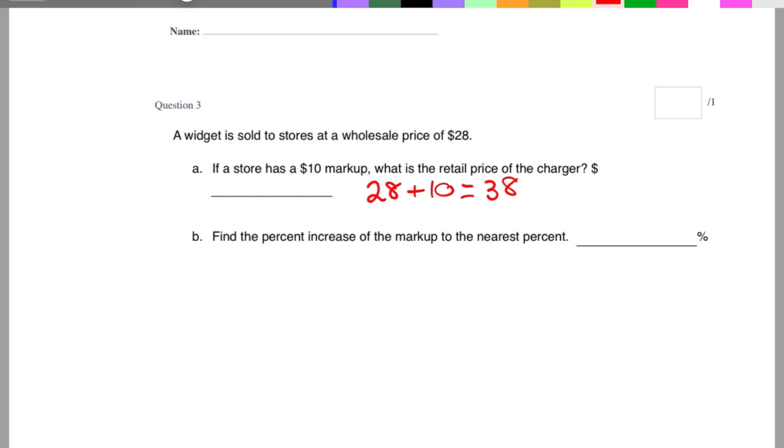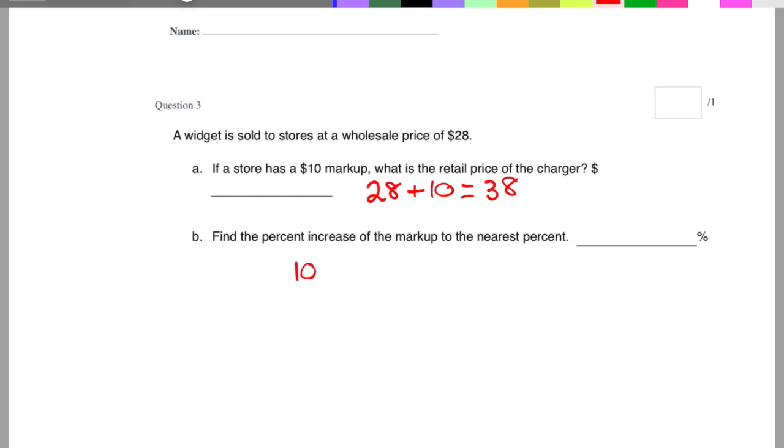And now it says here, find the percent increase of the markup to the nearest percent. So the markup is going to be based on the original price. So this thing got marked up. The difference between $38 and $28 is going to be the $10.